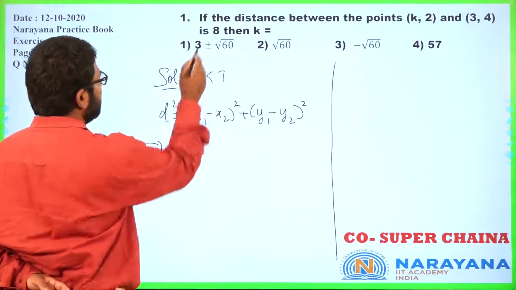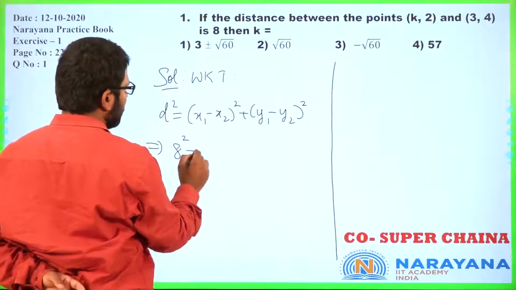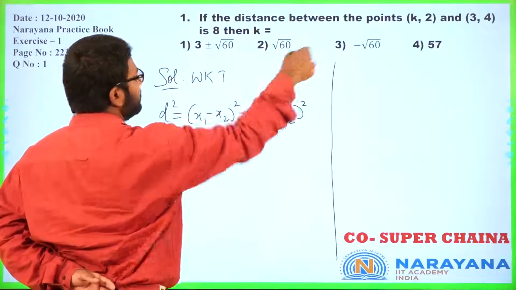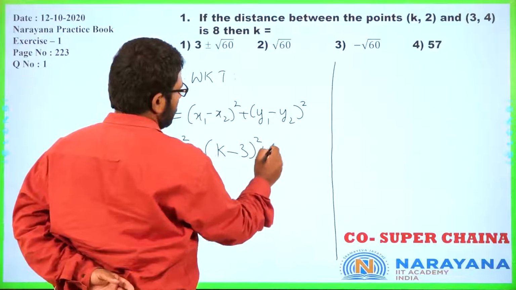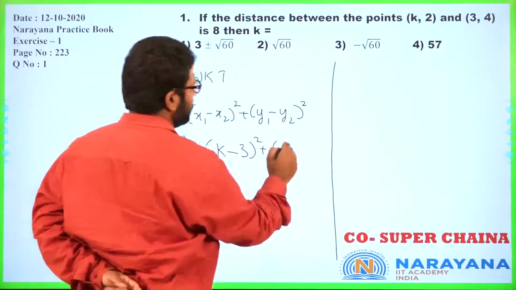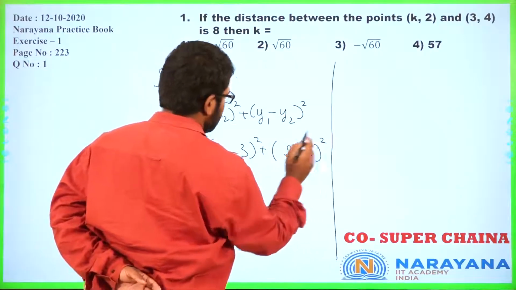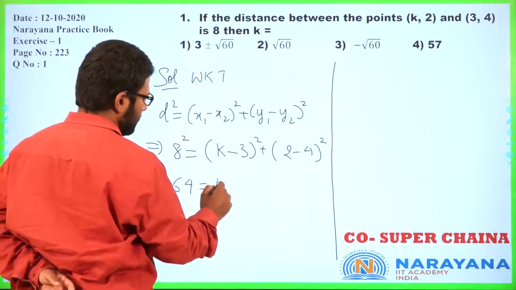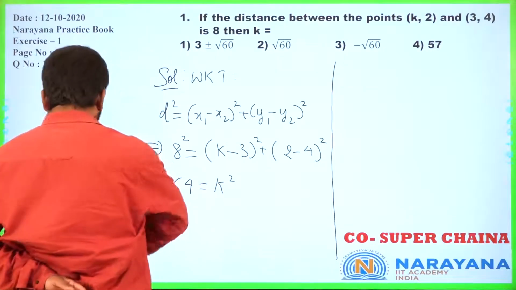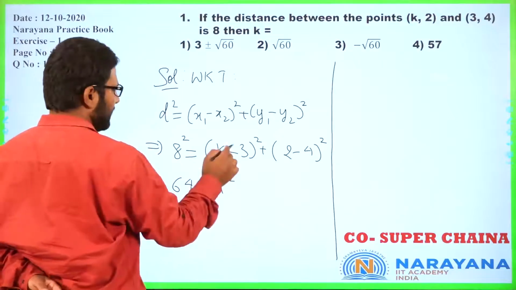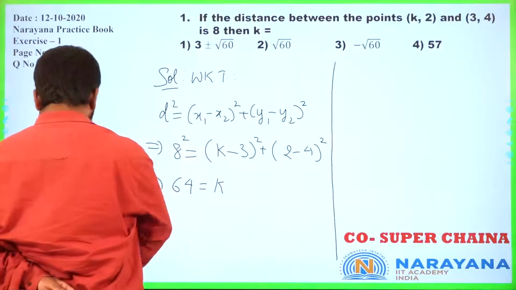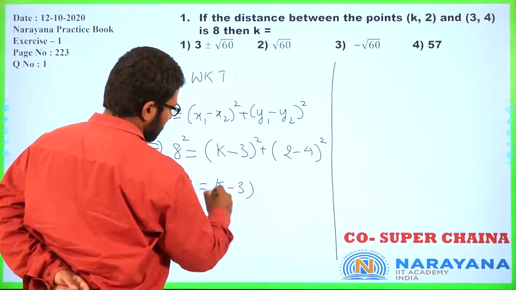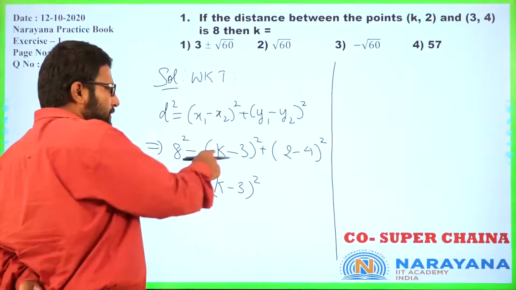So d is given to be 8, so 64 equals (k minus 3) the whole square plus (2 minus 4) the whole square, right? Instead of expanding this, since this is the only bracket that has k, it is better to leave it like this, okay?